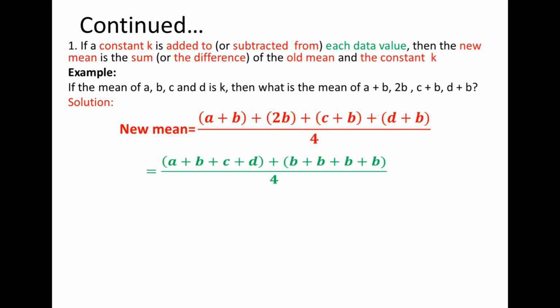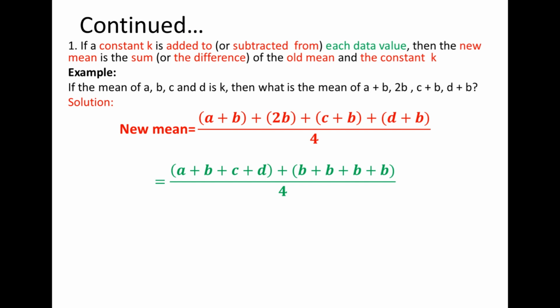Then when we rearrange the given data values, A plus B plus C plus D plus, in the bracket, adding B 4 times, all over 4. Then it equals, when we split it, A plus B plus C plus D all over 4 plus 4B over 4.